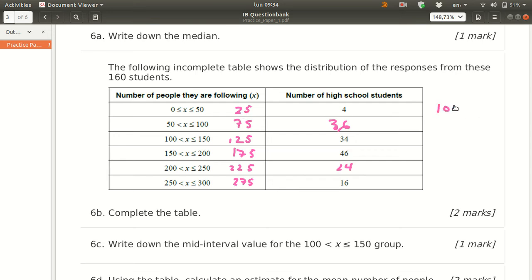25 times 4, 100. 75 multiplied by 36. So 6 times 5 is 30. 7 times 6 is 42, plus 3 is 45. 5 times 3 is 15, carry a 1. 7 times 3 is 21, plus 1, 22.